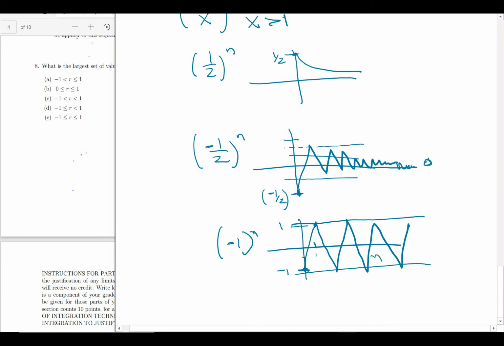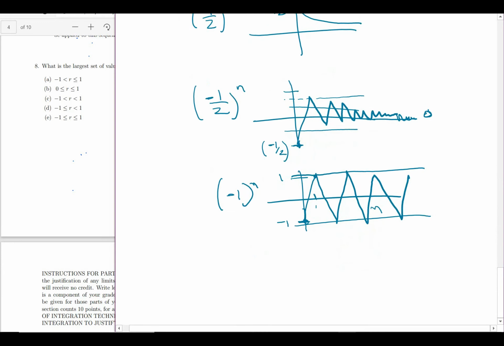But if you make it a small fraction close to negative 1, like negative 0.9999, and you take this to the n, it takes a long time to get to 0, but it still oscillates and gets smaller and smaller and smaller.